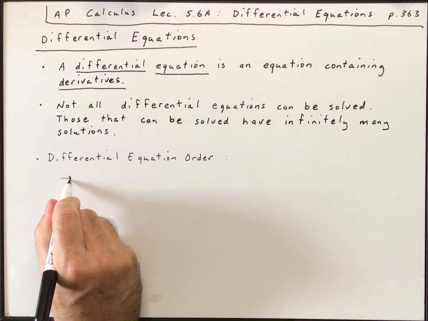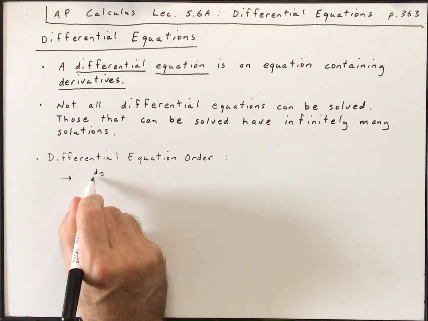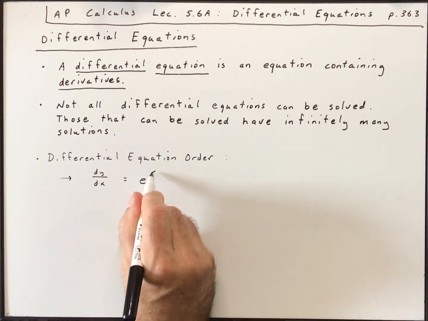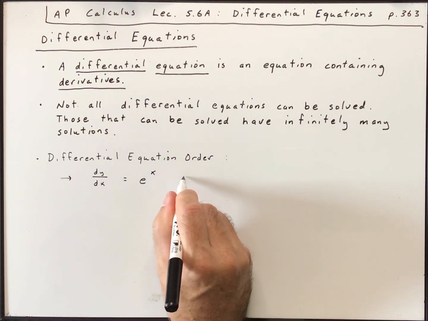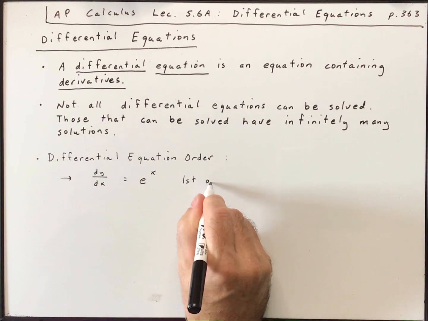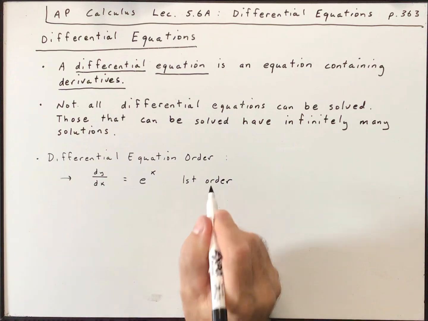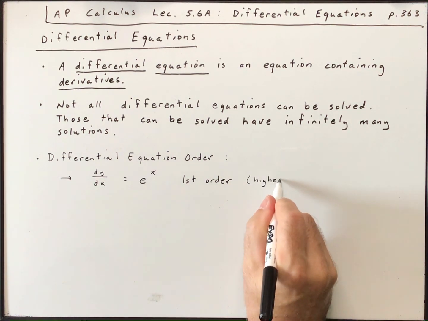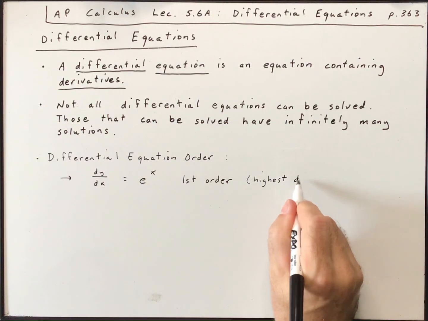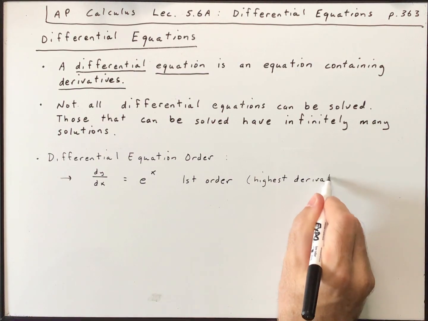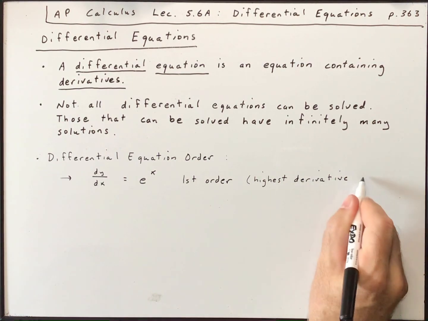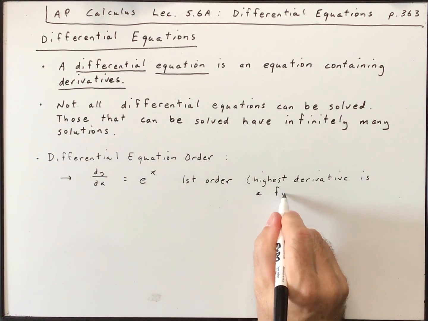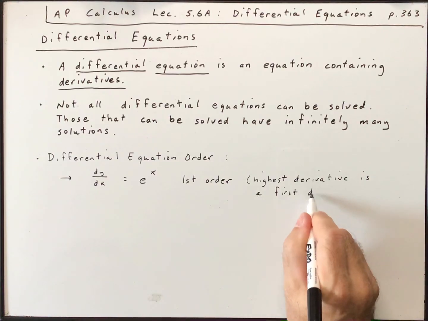So let's say we have this equation like we just had, dy dx is equal to e to the x. We would call this first order because the highest derivative in the equation is a first derivative.